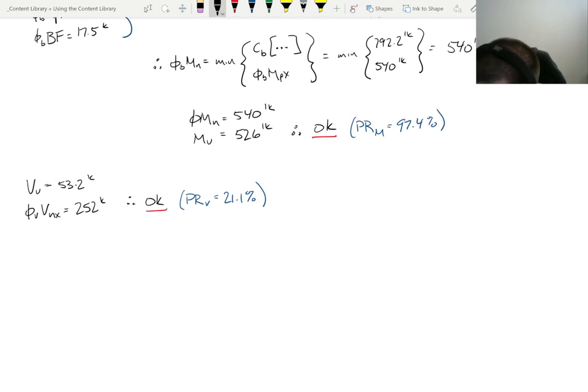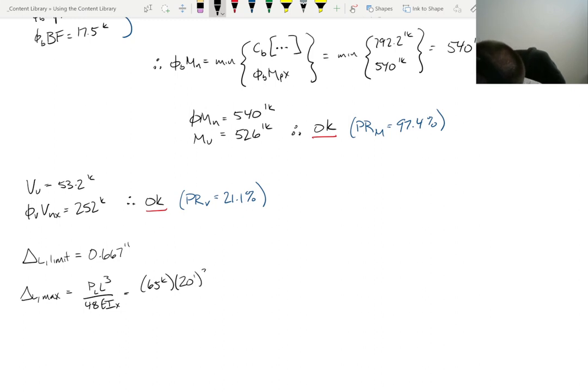Okay, last thing I'll do is compute the deflection, just to make sure we got the right answer. So 0.667 inches, that was our limit. That's the L/360. And then the maximum deflection is PL cubed over 48EI. Now that I actually have an EI, I can compute this out. So 65 kips times 20 feet to the third, and then throw in my unit conversion.